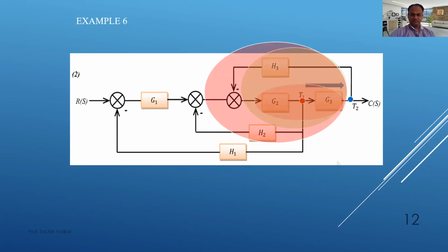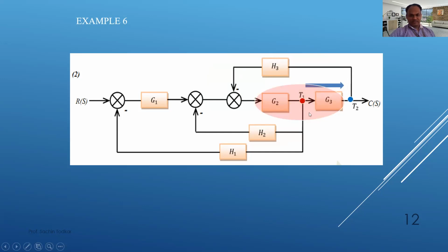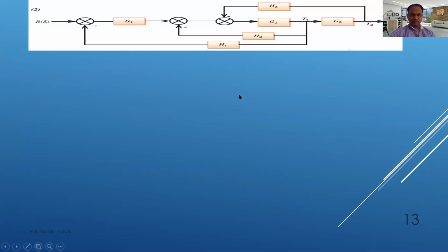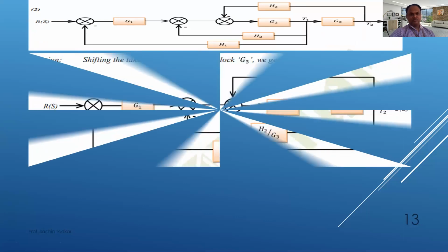Then we are going to add G2 and G3. So take a point, we are going to shift on the right side. Then we are going to multiply G2 and G3. Then we are going to find out first feedback loop, then second feedback loop, and third feedback loop. So that will be the procedure of this example. So this is your example figure.